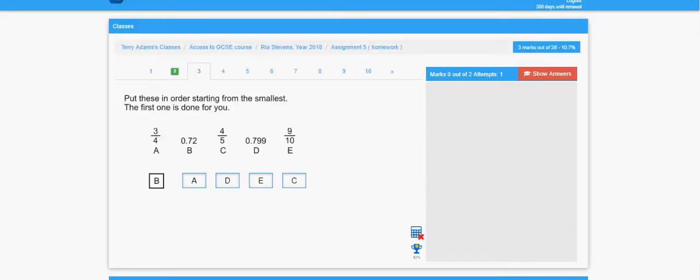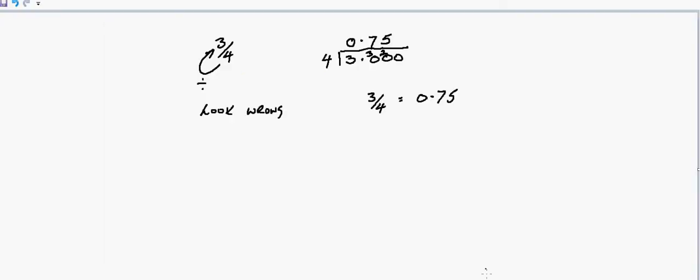So in this question, 3/4, we now know that it's 0.75. Okay, so what we're doing is we're changing everything to decimals. So 4/5.